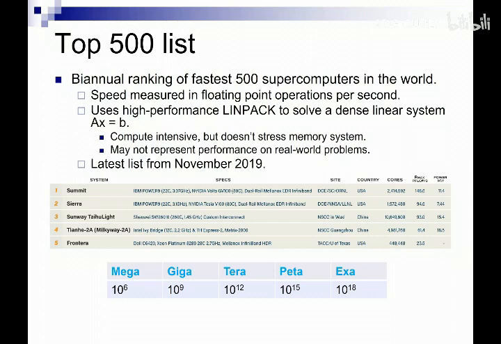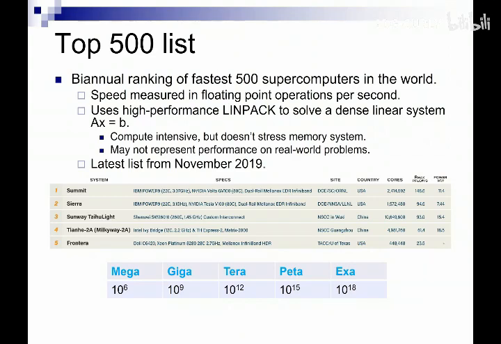Okay, so something else I'll mention is that we have this terminology for various speeds and various sizes in computing. So mega is 1,000,000, giga is 1,000,000,000, tera is 1,000,000,000,000. Peta is 1,000 trillions, and the next step up from that is going to be exa, which is 1,000 petaflops.